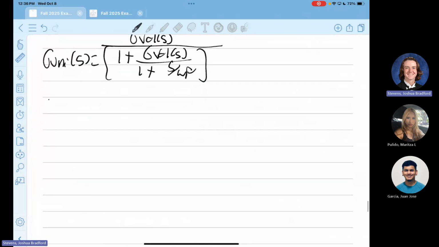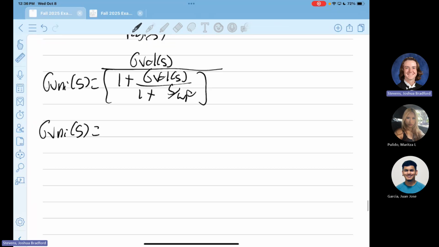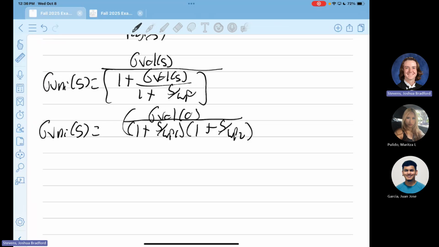It's going to get messy. So G VNI of S equals, I'm plugging that giant equation into here, right there. G vol of 0 over 1 plus S over omega P1 times 1 plus S over omega P2. That's the first part.